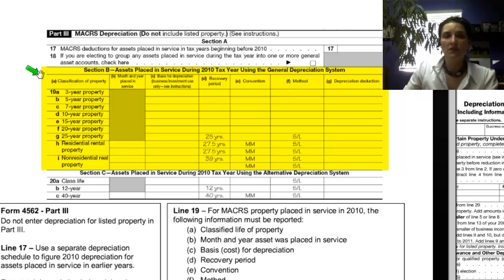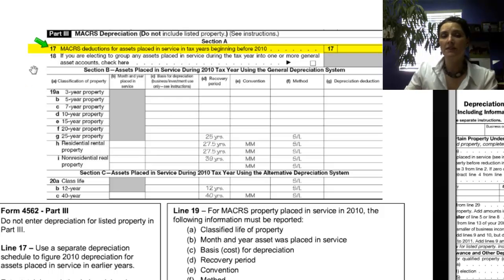Section B of the form is used to enter depreciation for assets placed in service under MACRS rules during the current year. So you'll see it says during 2010 tax year. That means if you're claiming depreciation on an asset placed in service in an earlier year, that depreciation entry goes on line 17.